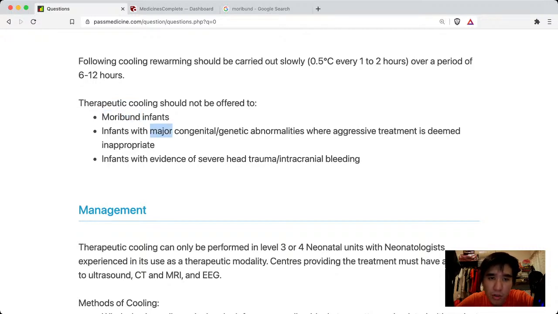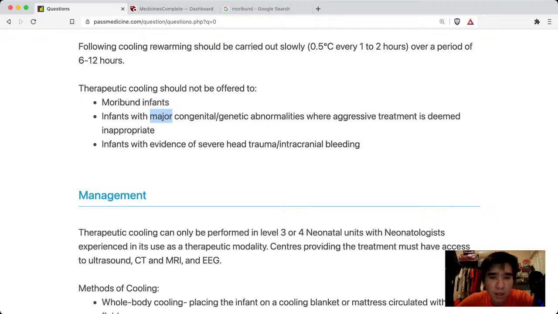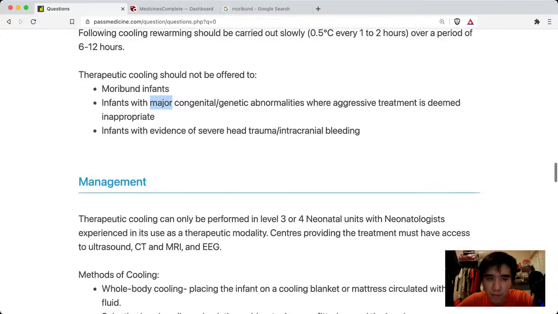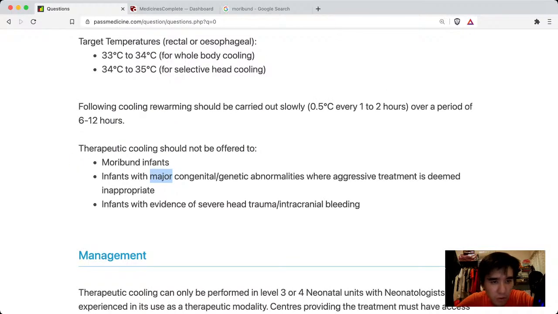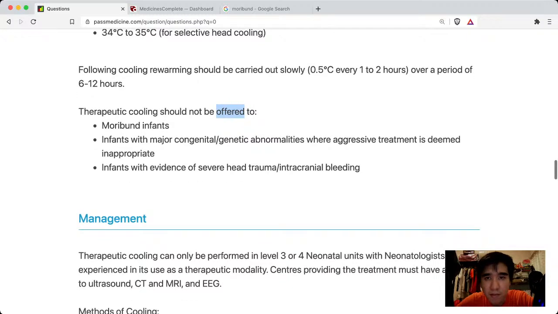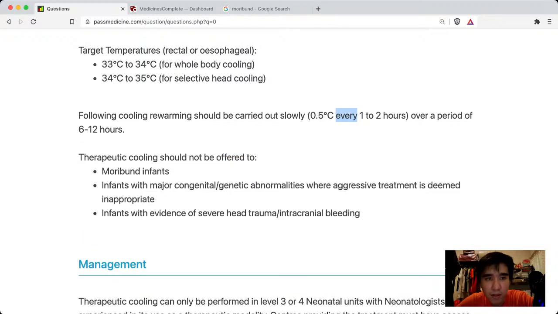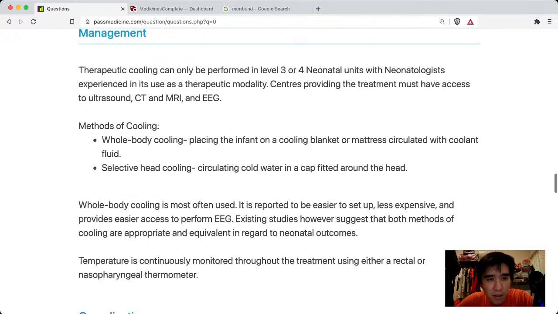Infants with major congenital or genetic abnormalities where aggressive treatment is deemed inappropriate, or infants with evidence of severe head trauma or intracranial bleeding. So these are beyond saving. We shouldn't try to do anything that's too radical, you know. Okay.